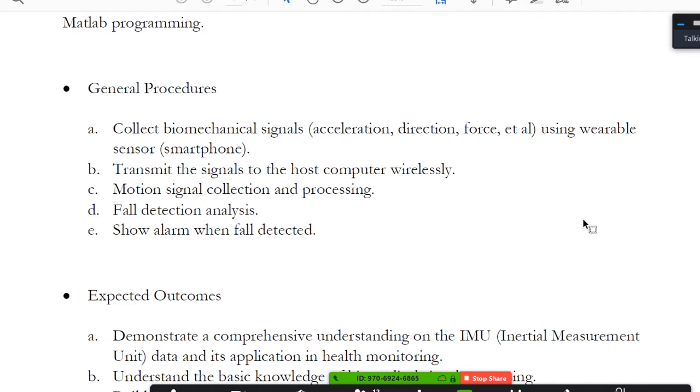So the first step is you need to get rid of 1g, and then you just measure the magnitude of the fall, and then you can estimate and give a threshold, and over this threshold you say this is a fall, and then you set the alarm, because this will communicate in real time with MATLAB on your local computer, and you can generate an alarm. This alarm may be just words or something.